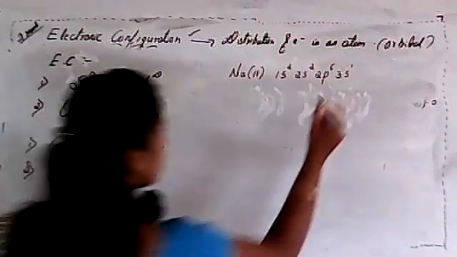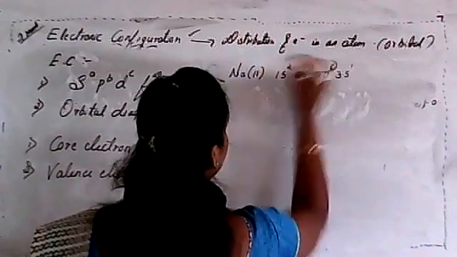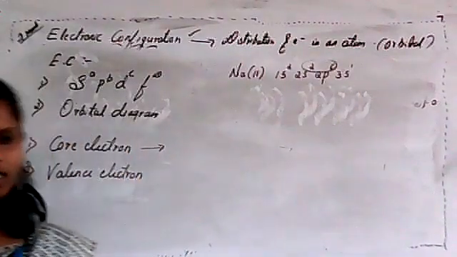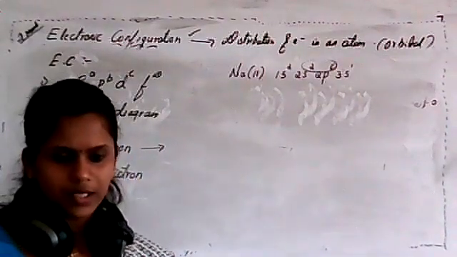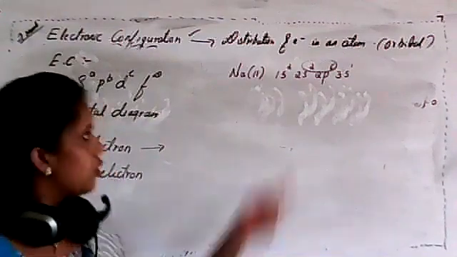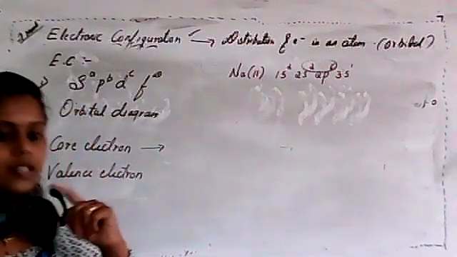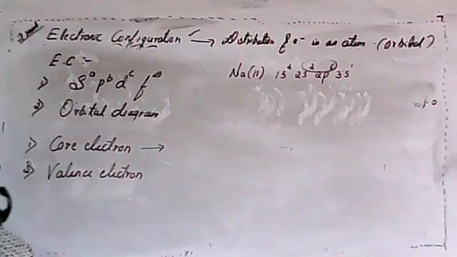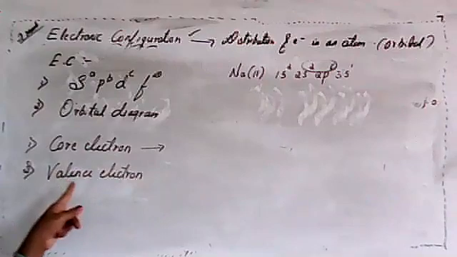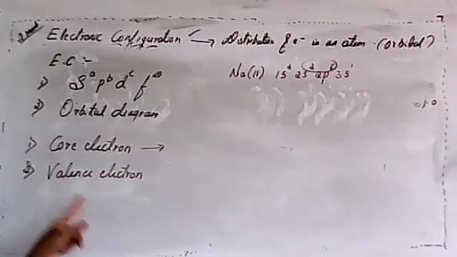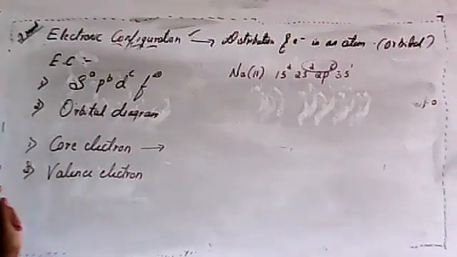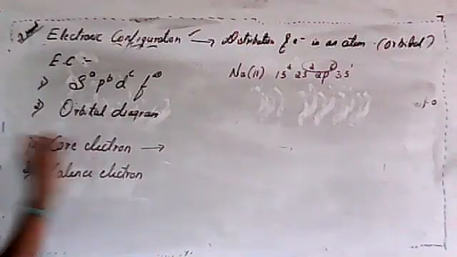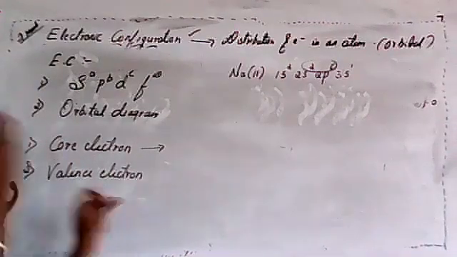Here in this case, it is completely filled, isn't it? So it started the classification of elements. You got the stable state, isn't it? If there are 8 electrons, it is highly stable. So now I consider the core electron to be nothing but those electrons which are in the completely filled shell.